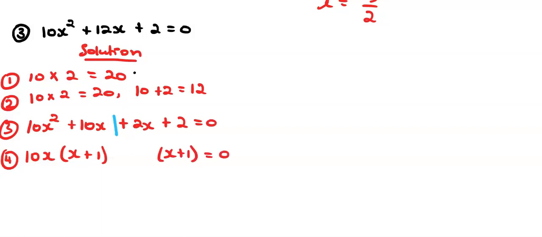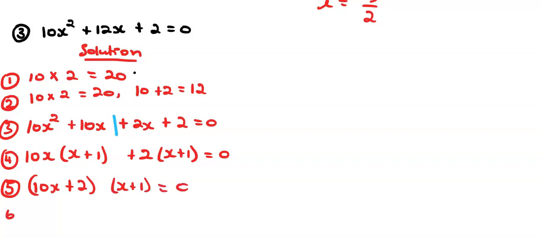Outside of our second bracket, you know it, people, we're going to put 2, because 2 times x gives us 2x, and 2 times 1 gives us the 2. Step number 5, let's write out our two binomials now. We have 10x plus 2, and x plus 1 is equal to 0.